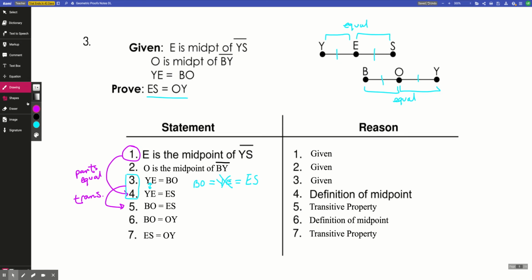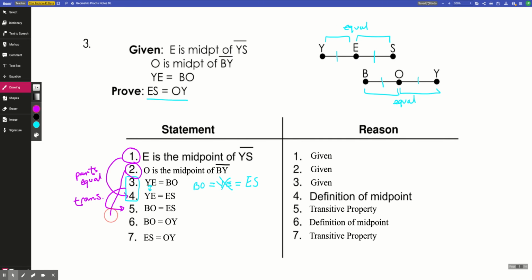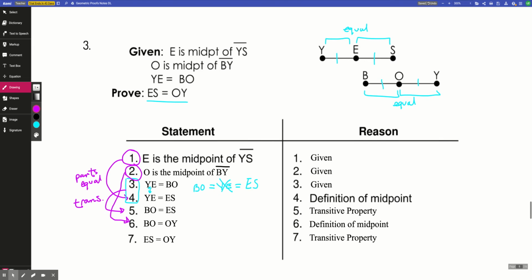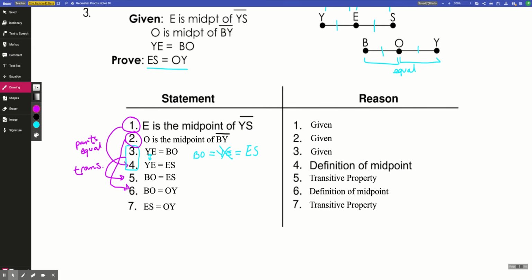So here's another thing that I want to make sure you know about proofs: all of the information that they give you is given for a reason. They give it to you because they want you to use it. So I haven't used this one yet, that O is the midpoint of BY. So I'm going to use that to write step 6. Sorry, my arrows are getting a little bit mixed up here.